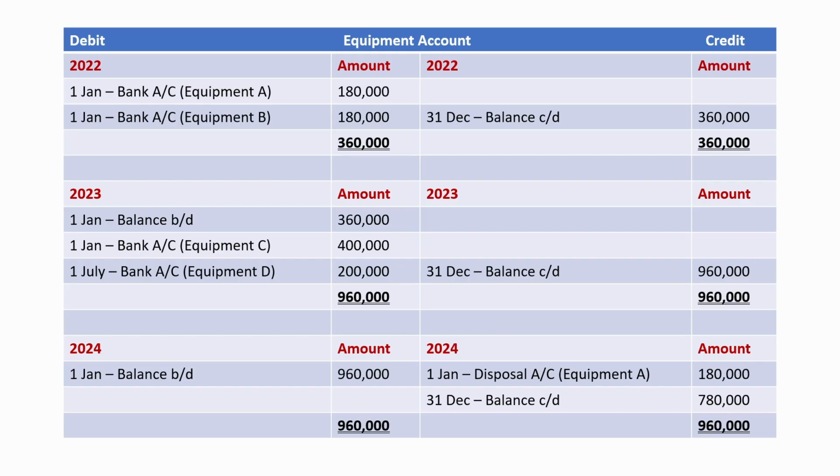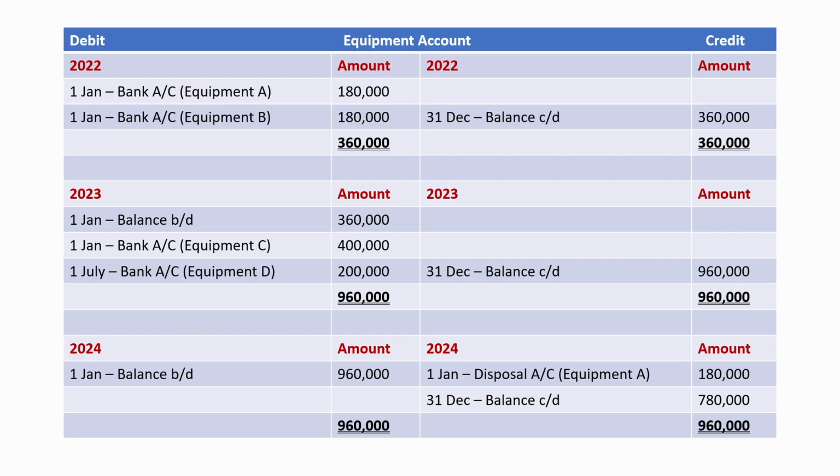So let us start with the first year, 2022. Remember what we said. First, look at the format we have. We have the debit side, we have the credit side, we have the name of the account. The name is equipment account, which is an asset account.